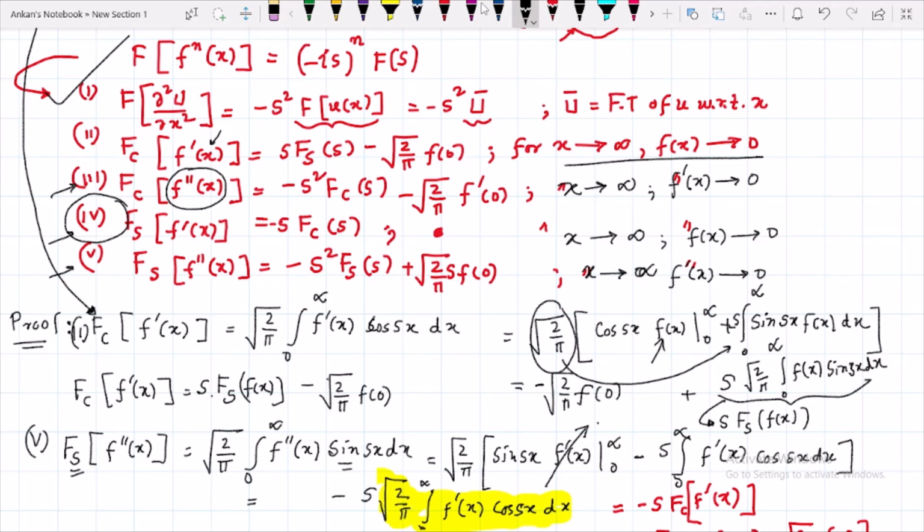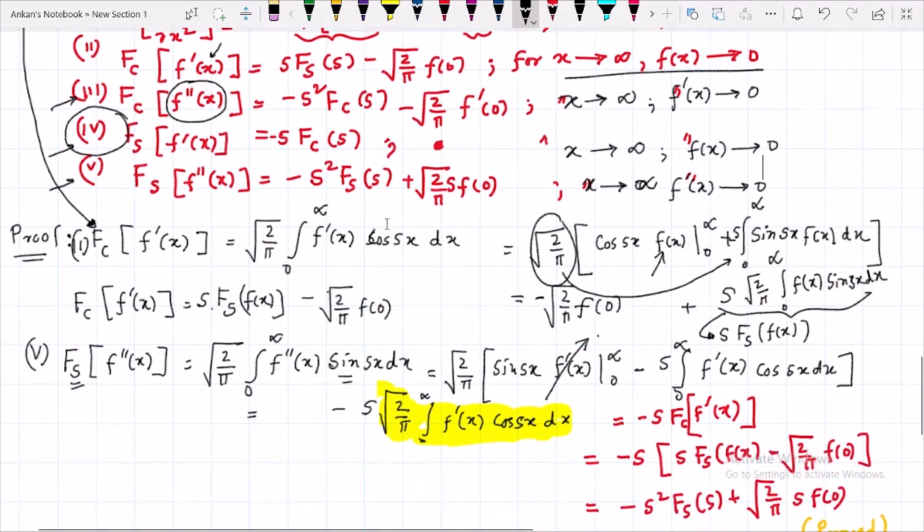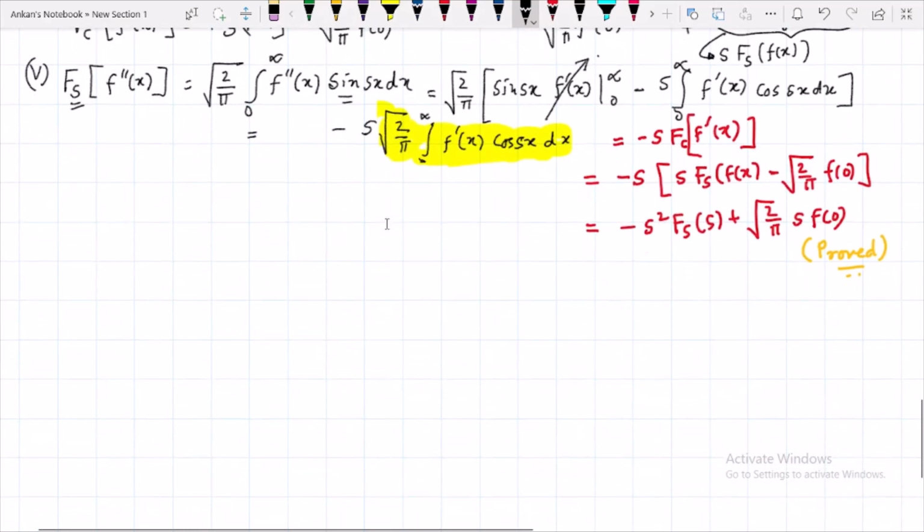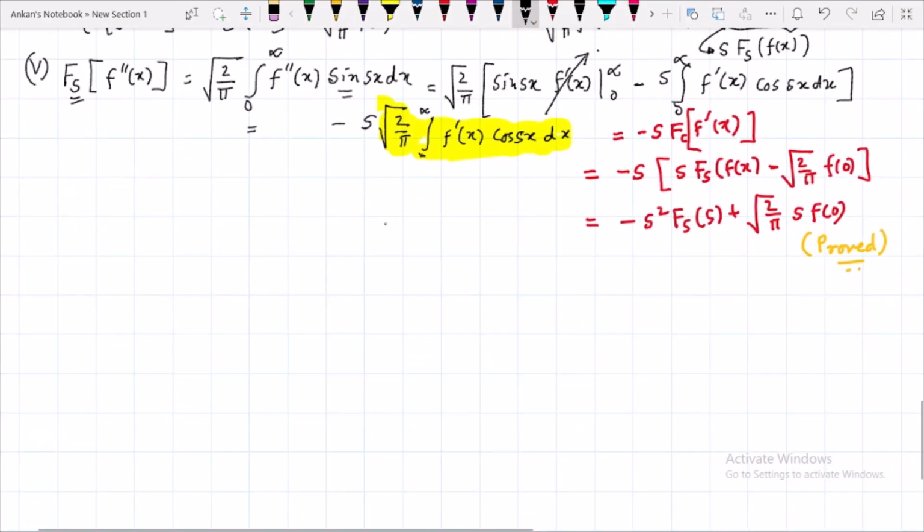Why have I written these formulas? Let me show you one example of how to solve a differential equation with the help of the Fourier transform. The question you are given: solve k del 2u by del x2 equals del 2u by del t2.